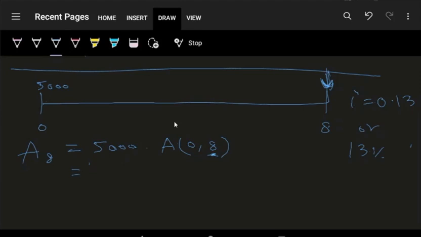So 5,000 into 1.13, which is 1 plus i, to the power 8. We will get 13,292 rupees and 22 paise.